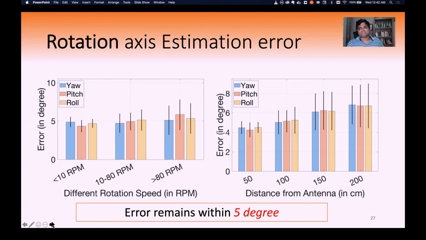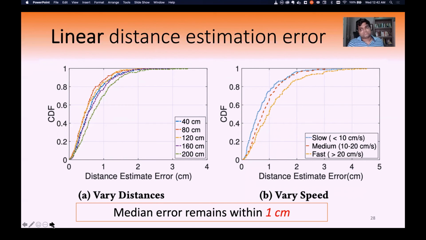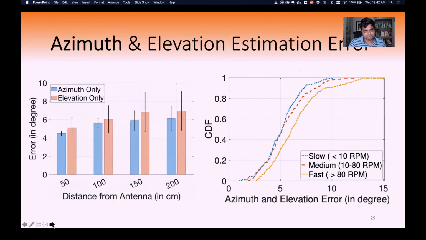We are assuming that in this ball motion analytics, there is a location where you put the antenna, and we can get the information within 2 to 3 meters. For the linear distance estimation, for different speeds and different distances, the error remains within 1 centimeter.